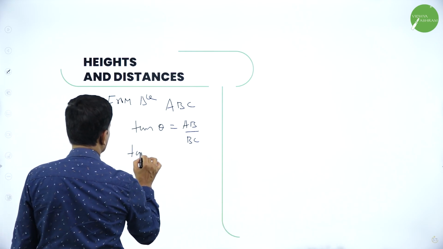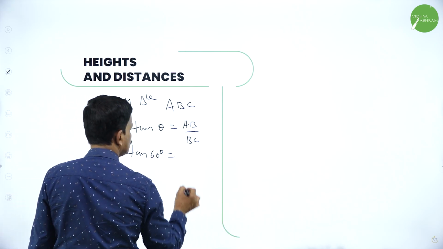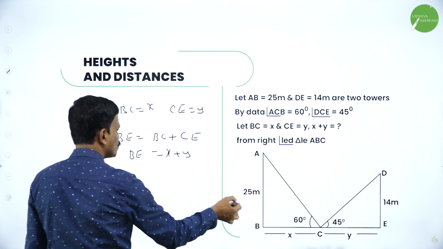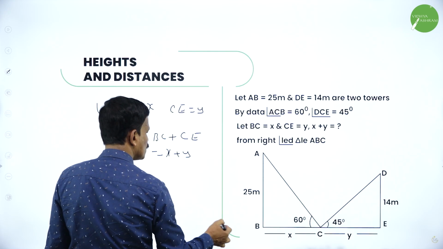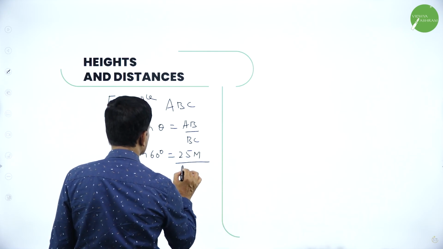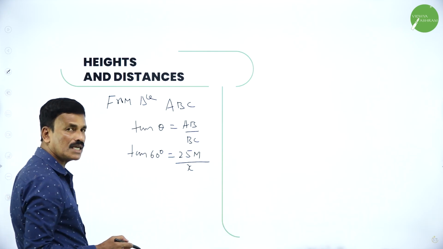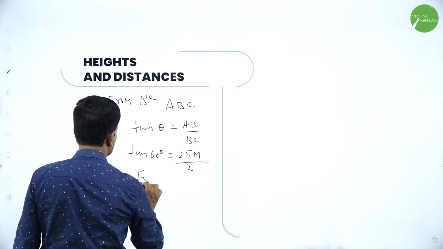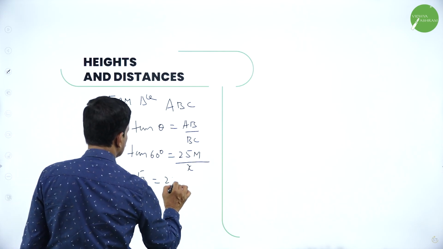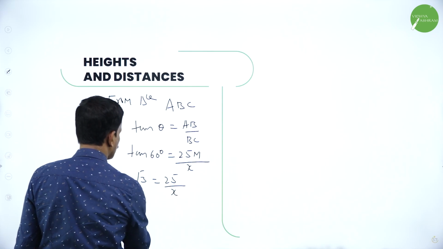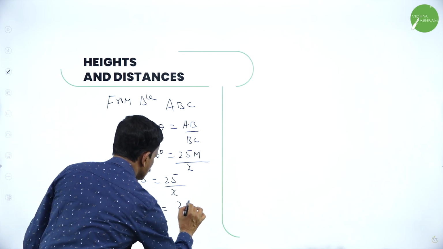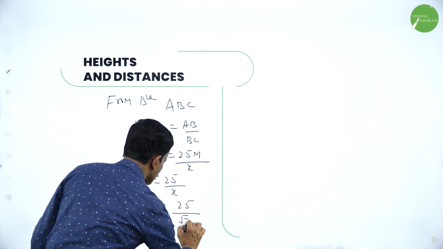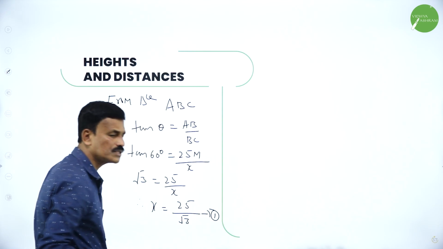So here tan 60 is equal to AB, which is 25 meters, divided by BC. BC is nothing but X. Now, what is tan 60? Tan 60 is root 3. Root 3 is equal to 25 by X. Cross multiply it. Therefore, X is equal to 25 by root 3. Let us represent this as equation number 1.